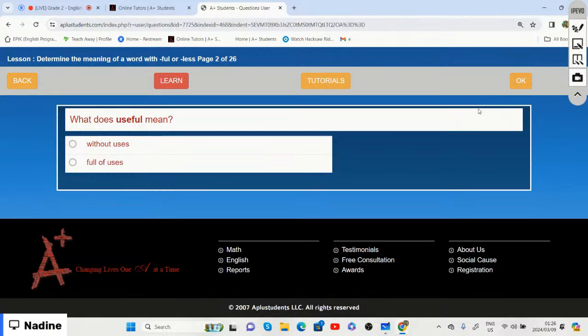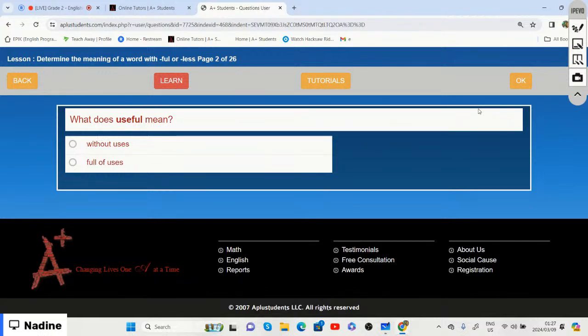The suffix full means full of, and the suffix less means without. So the word less means without, and the word full means full of.